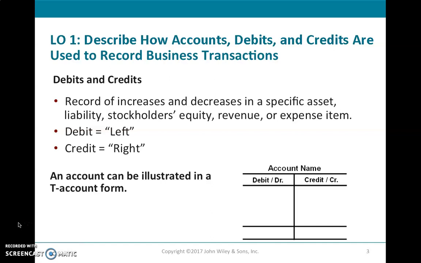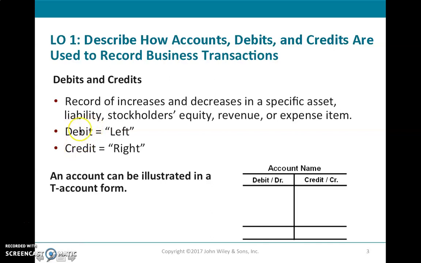So there are three ways we can show an account. And we're going to go over that in a second, but since we're here, we want to also tell you that in accounting, the definition of debit and credit is different from what we use in everyday language. I know you guys use your debit card, and every time you use a debit card, it reduces your cash.